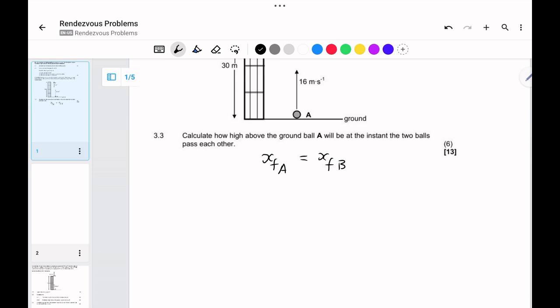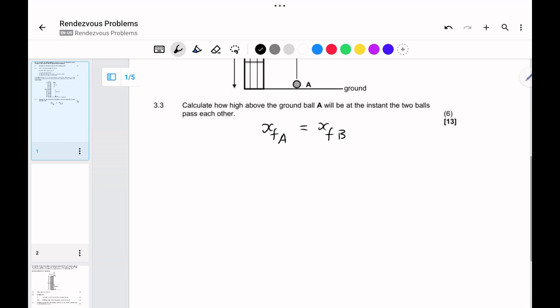So let's start out by showing how we can use displacement to get final position. And of course, to do that, we just look at the definition. What is displacement? Displacement is final position minus initial position. So this is going to be our key equation.